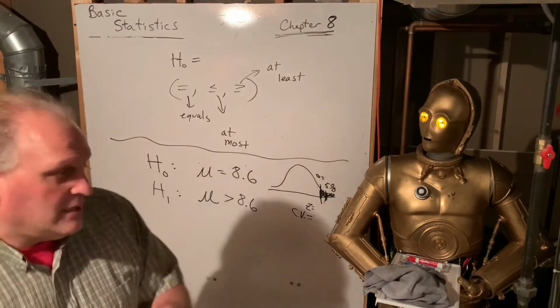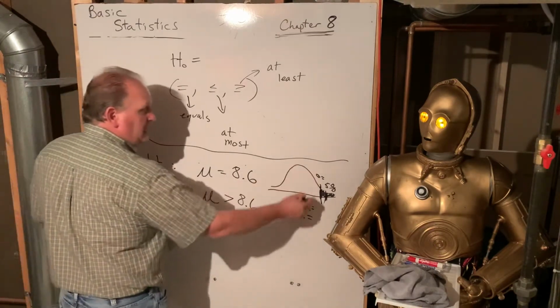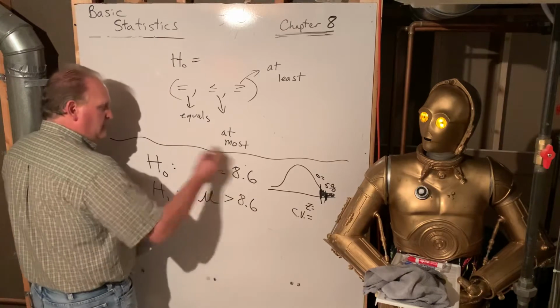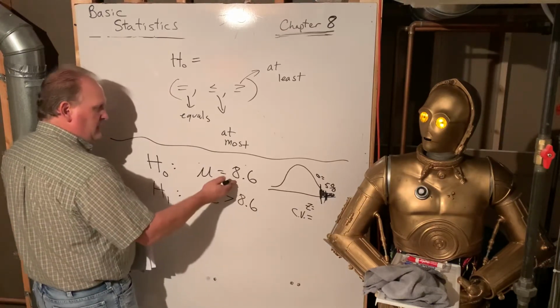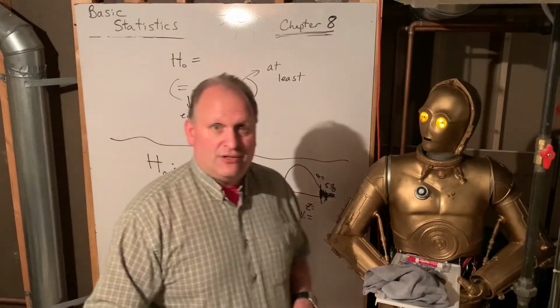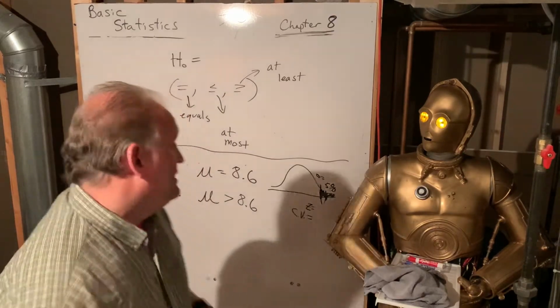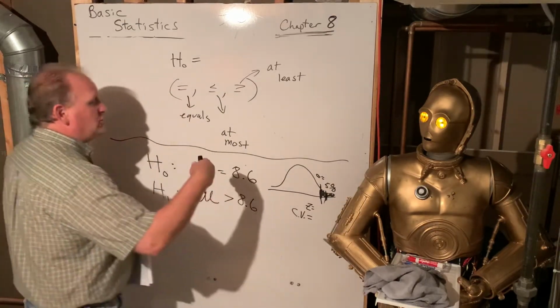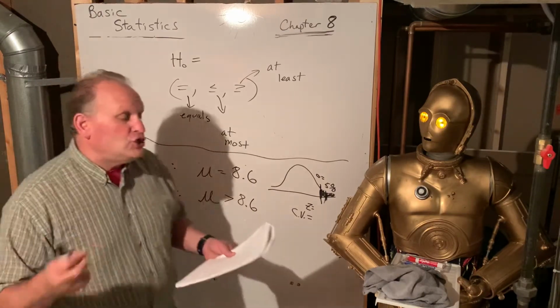A type 2 error then is when you fail to reject the null. We conclude it ends up in the unshaded area. We conclude it's really just the same, that the pills didn't do anything, so we fail to reject the null. But then we do a census and find out that in fact, the ones that took pills were heavier than 8.6. Then we created a type 2 error. That's when we fail to reject the null, but we should have.